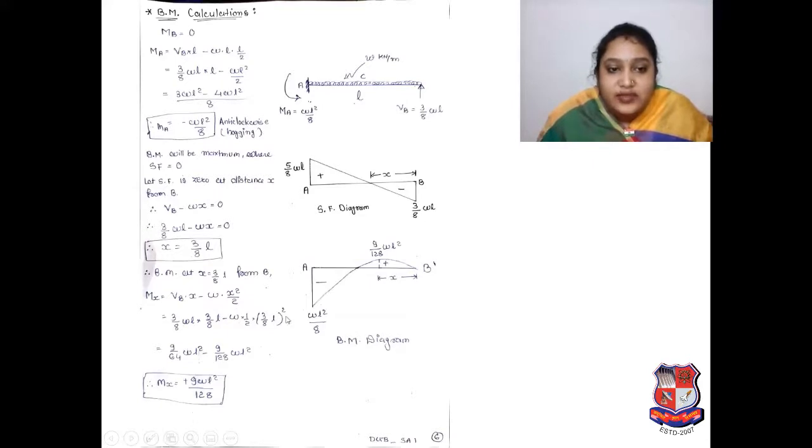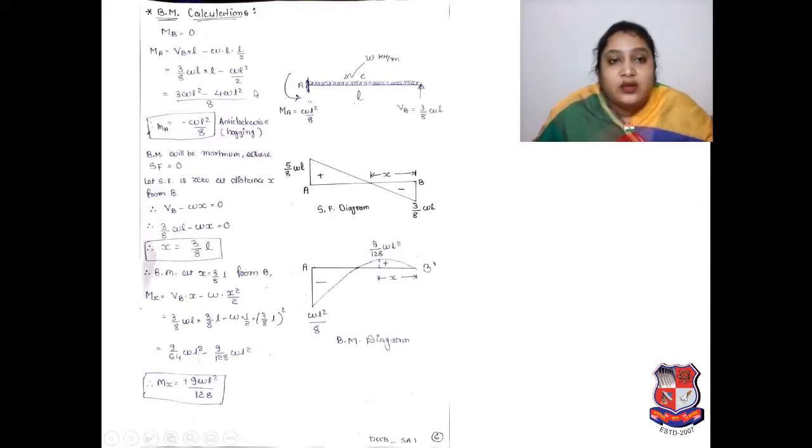If we simplify that, we will get 9 by 64 WL square minus 9 upon 128 WL square. And for that, moment at x will be plus 9 WL square upon 128.